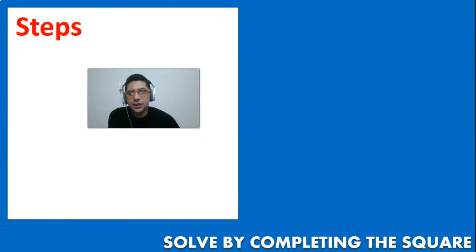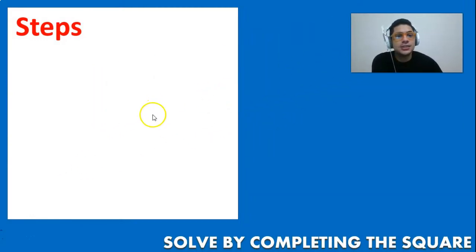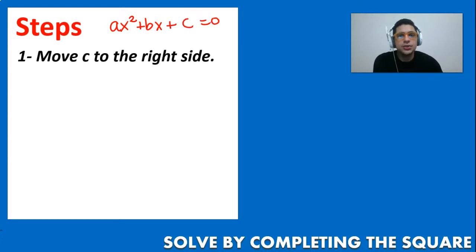So guys, the first thing we're going to be taking a look at is, of course, the steps, right? So the steps of solving a problem by completing the square. Now, you guys have to remember that you're always going to have the quadratic equation of the formula ax squared plus bx plus c equals 0. Now, once you have that, you are always going to try to move the independent term, so the term that has no x, which we're going to be calling c, to the right side, right?